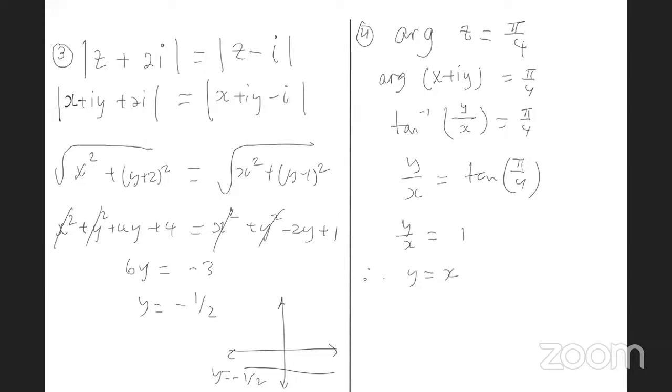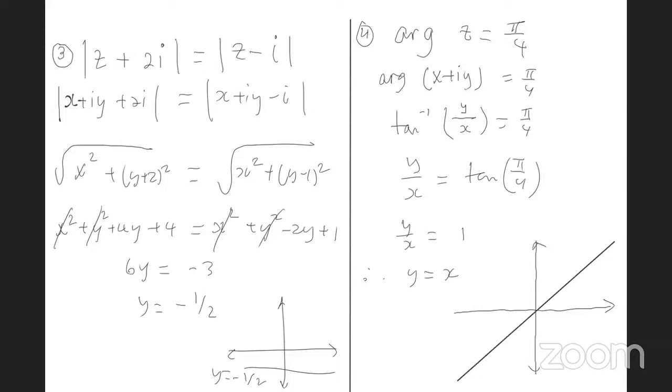Okay? Right, but we want to be a little specific with this line. Here's the part that we need to get right. So if I were to draw this line, we all know what the line y equal to x will look like. It will look like that. But here's the problem.